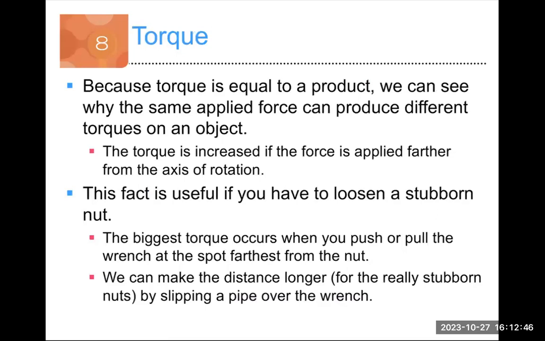A lot of times you'll see people put a pipe on the edge of the handle of the wrench, and thereby they're increasing that distance, so they're increasing the torque. So it's easier to loosen that nut.